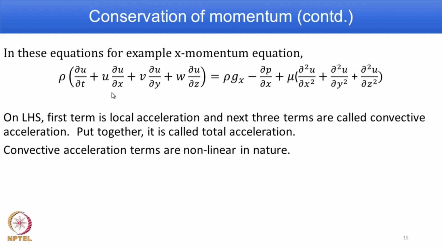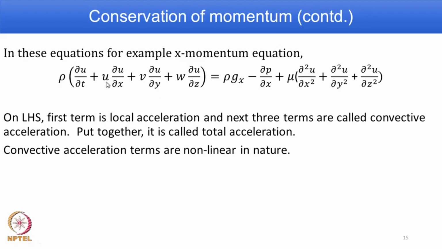Now, if you look closely at the convective acceleration in particular, we see here u is a velocity field, the main quantity in the x momentum equation, and dou u by dou x is the derivative of the same velocity. In other words, also v into dou u by dou y, where v is a velocity field in the y component and this is a velocity derivative.